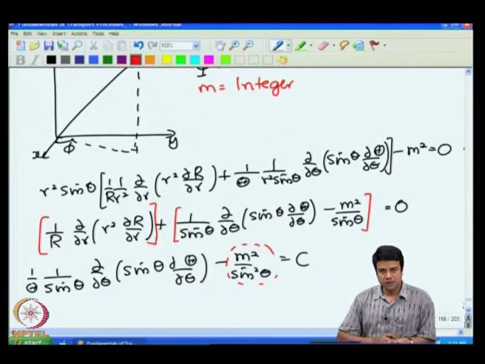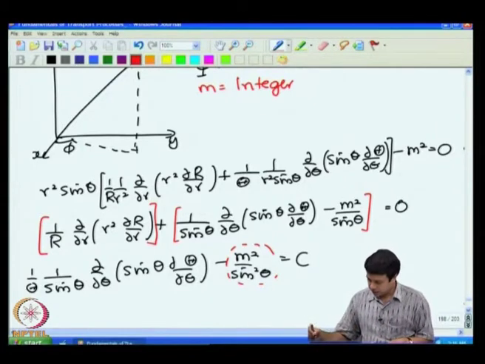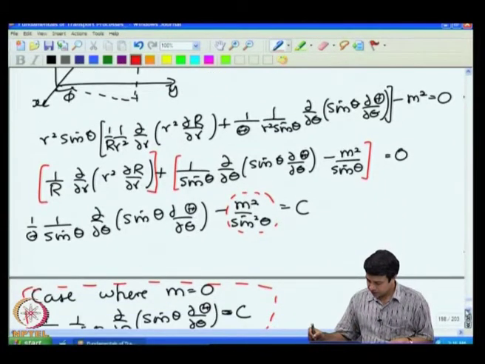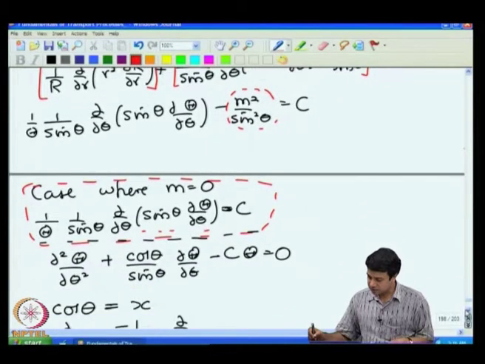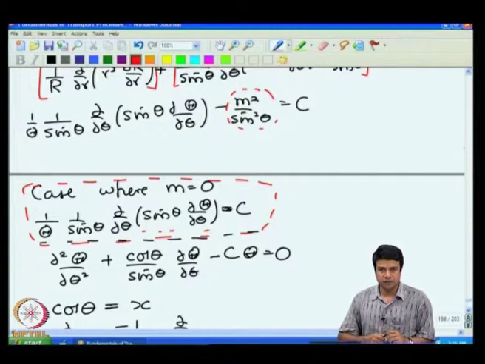And then we were left with the rest of the equation. Once again, I separated that into one term which depended only upon r and the other term which depended only upon theta. And for the specific case where m is equal to 0, there is no variation along the phi direction.